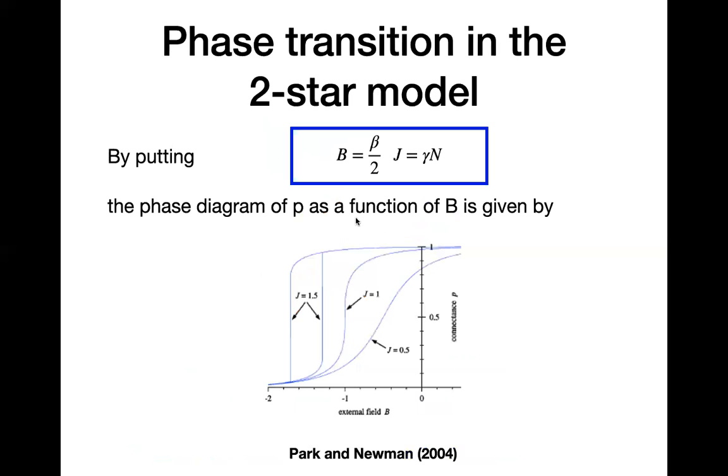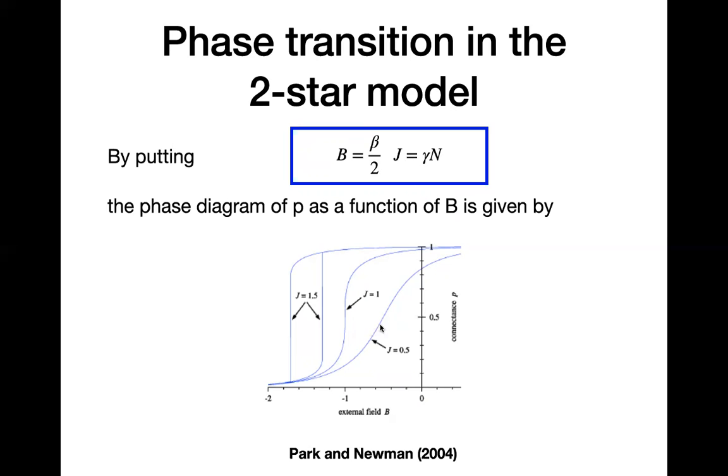So practically, you can rename this combination of Lagrangian multipliers beta and gamma n as B and J. And this name reminds us of the very strong similarity of this model with the Ising model.